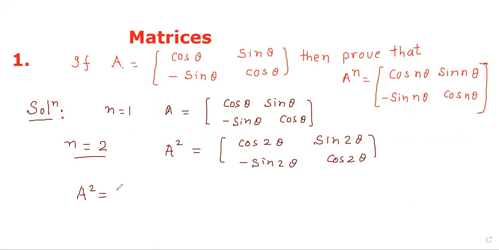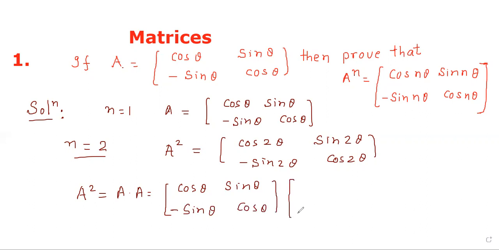So we evaluate A square by multiplying A into A. Now we multiply.